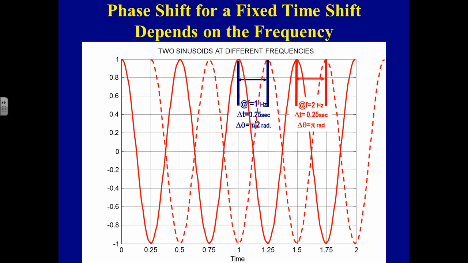Well, here we've advanced half a cycle, or pi radians, and it was only a quarter cycle, or pi over 2 radians, in the original 1 Hertz signal. So when we doubled the frequency, the same time shift represented twice as much phase change. So there we see that linear relationship between frequency and phase when we're talking about a pure time shift.